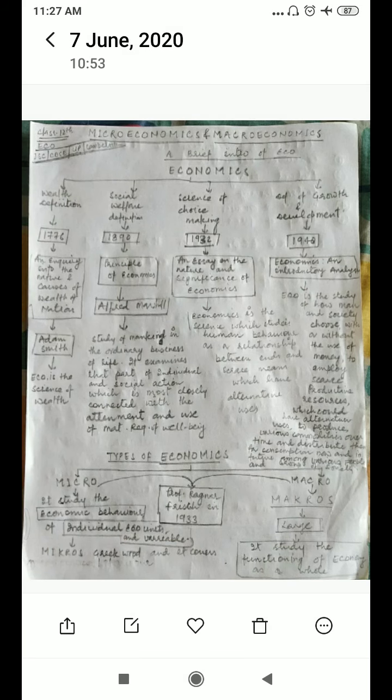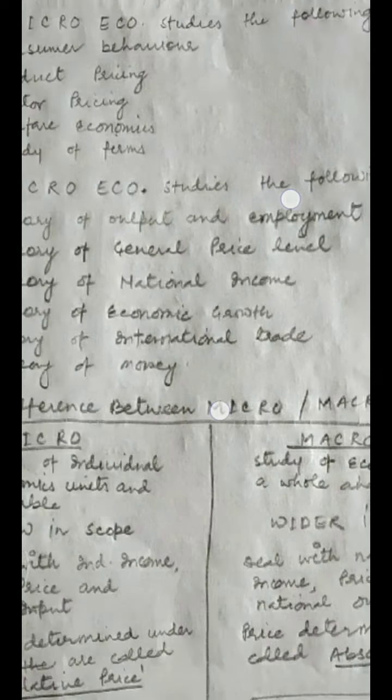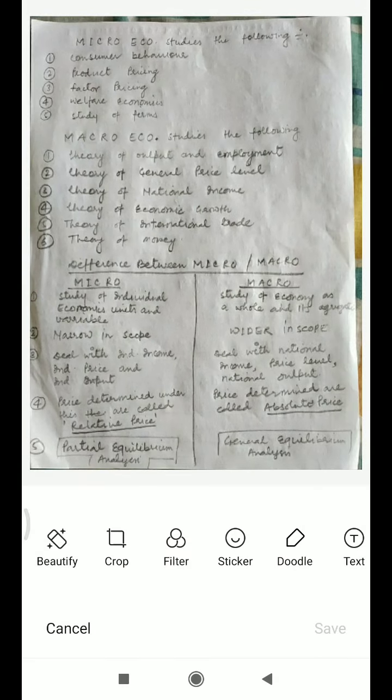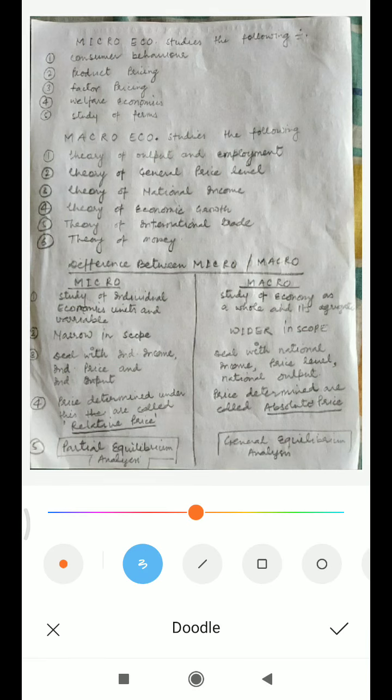See here, what microeconomics studies. Microeconomics studies the following. First of all, what we study under microeconomics: consumer behavior, product pricing, factor pricing, welfare economics, and study of firms.